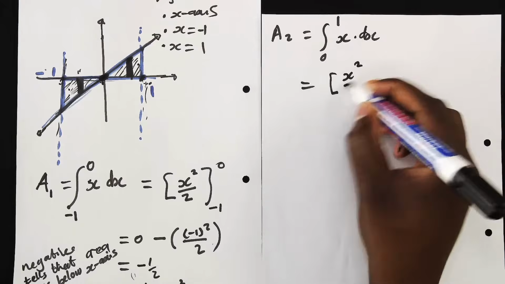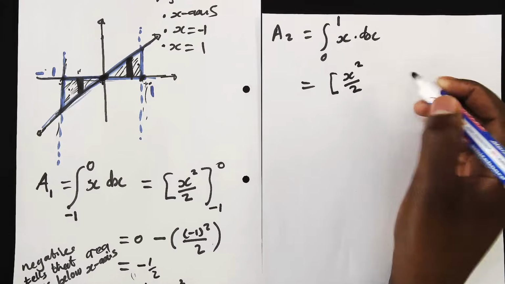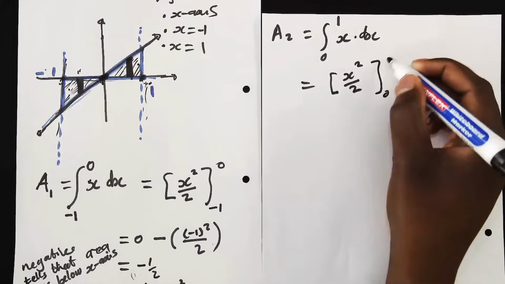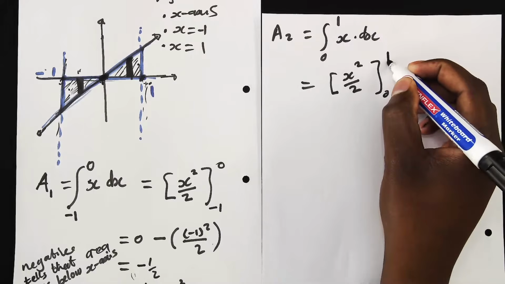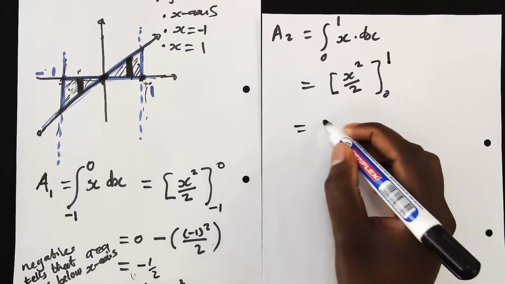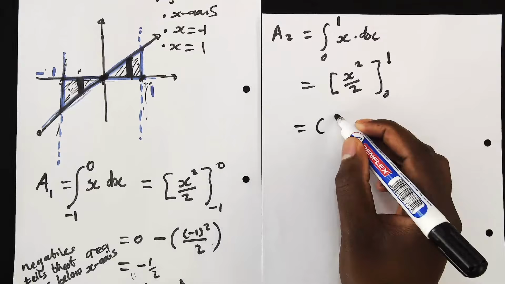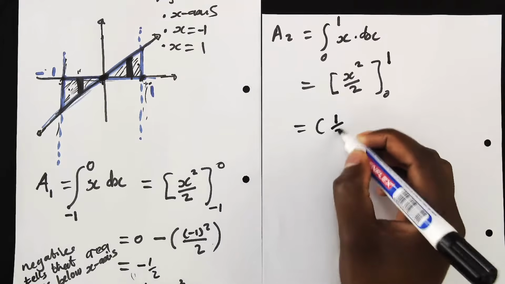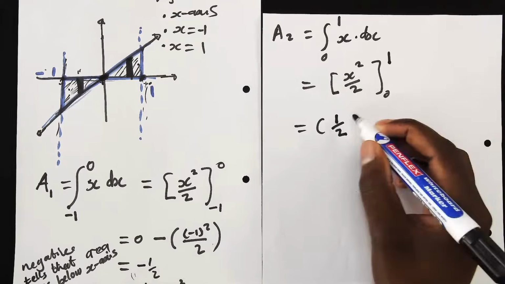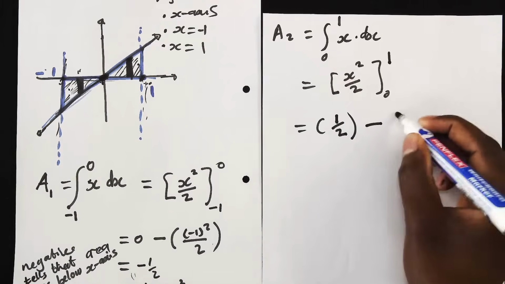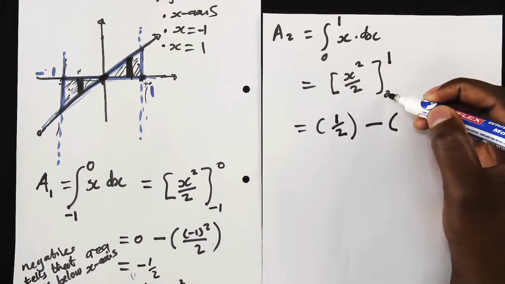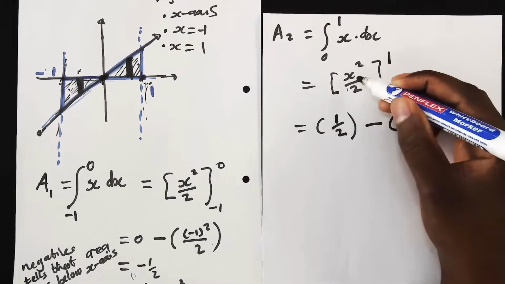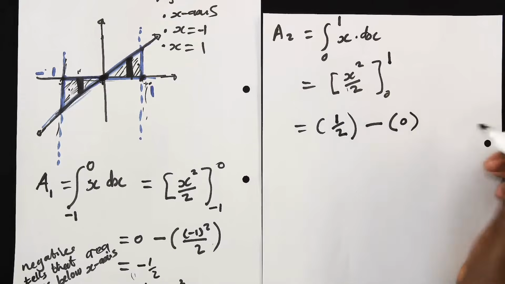It's x squared all divided by 2, but it's from 0 to 1. So here we substitute. We are going to have x squared, which is 1 divided by 2, minus, substitute the lower limit. When you substitute 0 there, what do you get? It goes to 0.